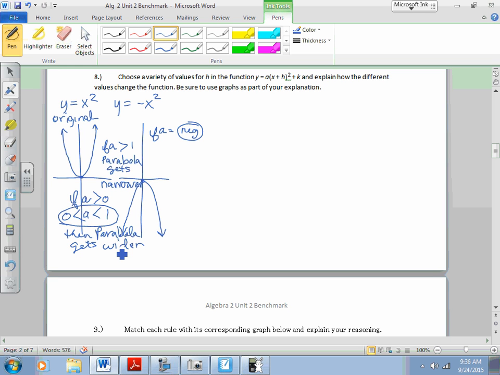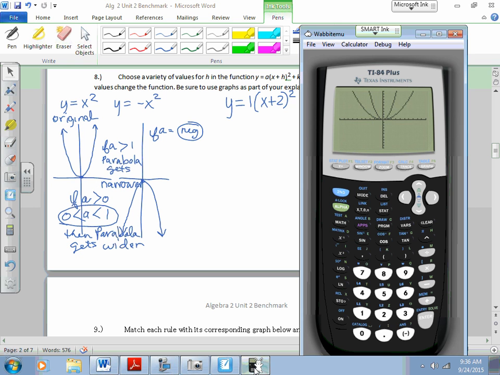Now let's type in this. Y equals 1 times x plus 2 squared. Go ahead and type that into the graphing calculator. Y equals 1 parentheses x plus 2 squared. So go ahead and delete the one that we've already done.